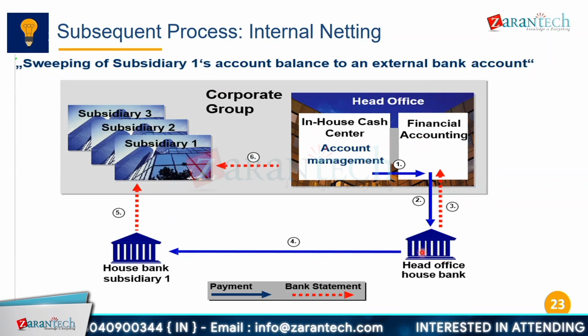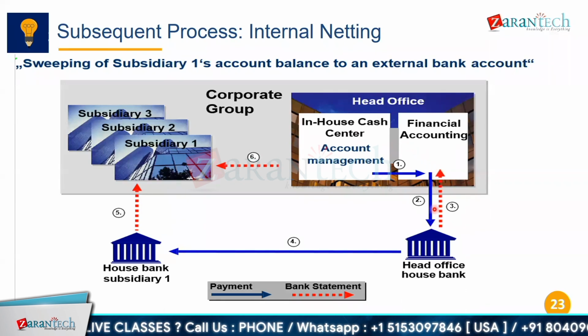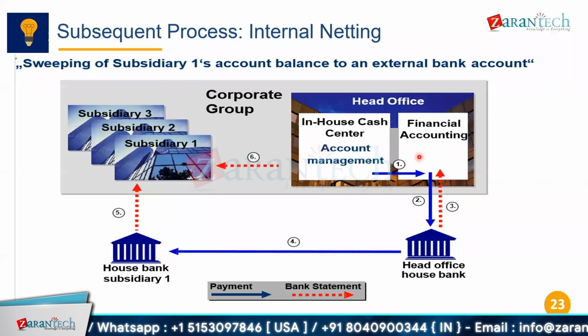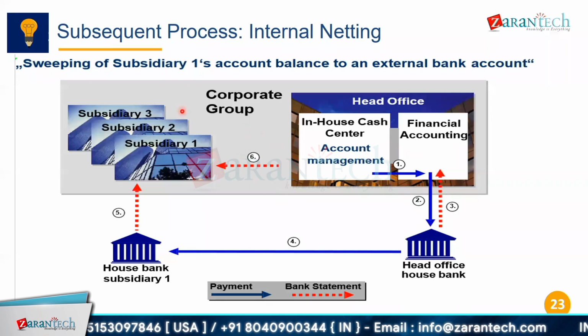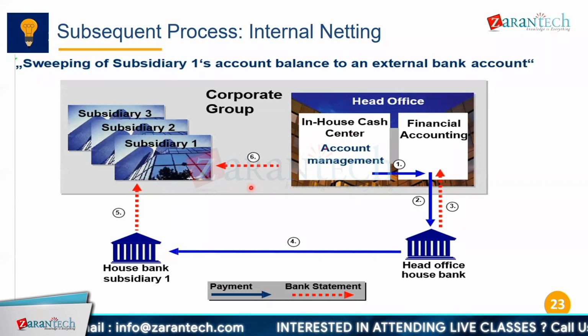Then, through the same route, the bank will send a bank statement. This bank statement will have the information about all the payments and receipts done on behalf of all the subsidiaries, and the in-house center will send this bank statement to the subsidiary.